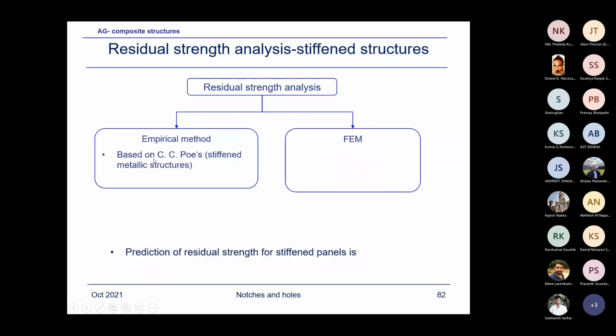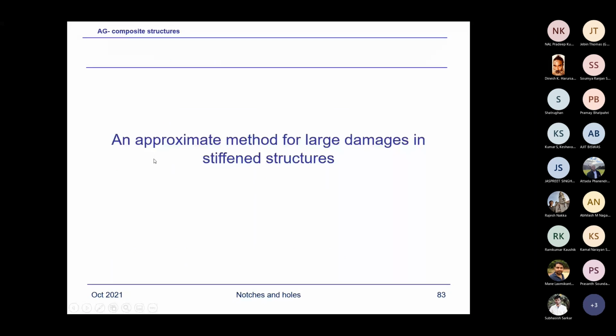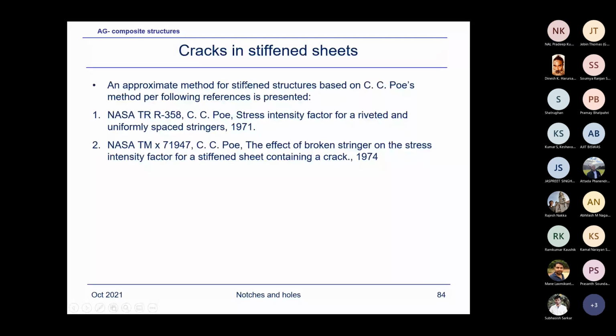I've put it in these two references: C.C. Poe, stress intensity factor for riveted and uniformly spaced stringers, and the effect of broken stringer, two reports. Christopher Poe from NASA Langley did pioneering work on the fracture behavior of metals as well as composites.